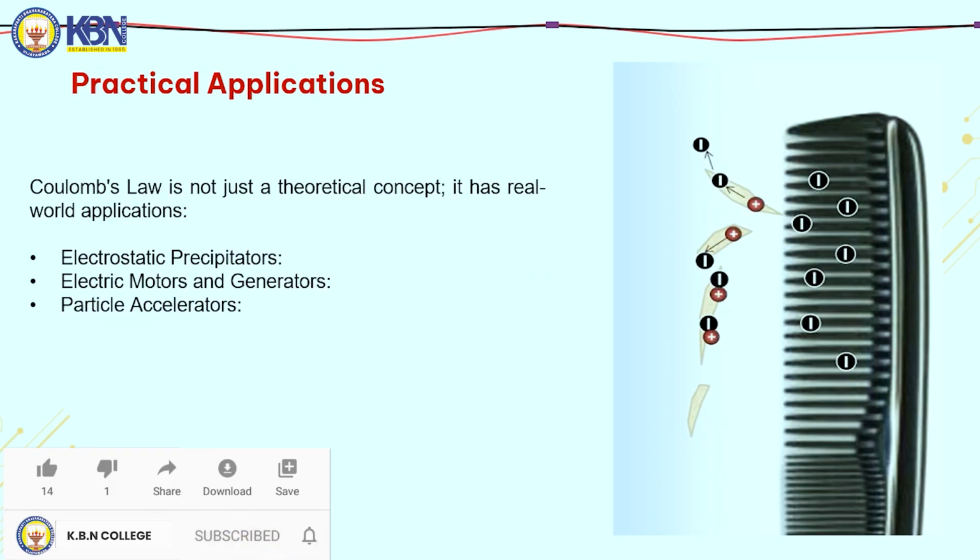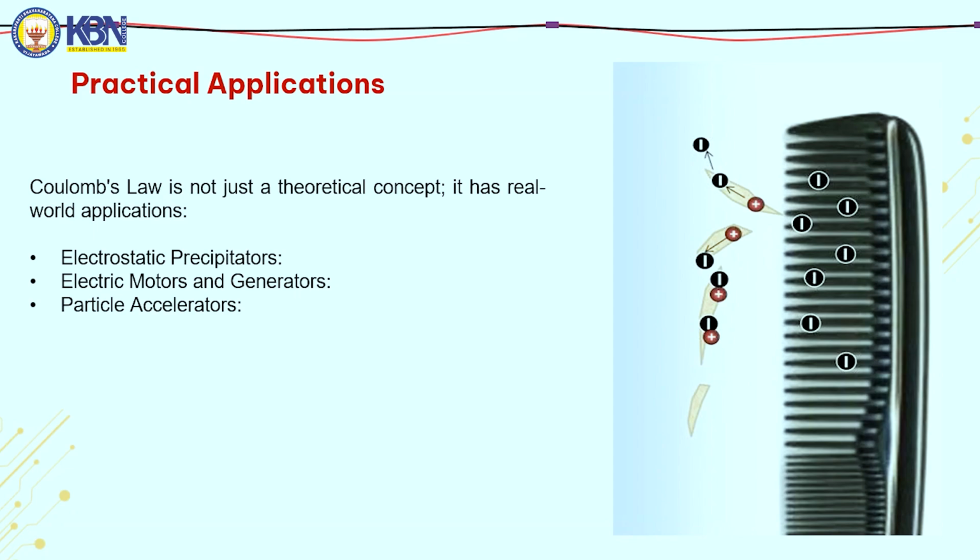Next, coming to the practical applications, Coulomb's law is not just a theoretical concept. It has real world applications in electrostatics, electric motors and generators, and particle accelerators. Electrostatic precipitators are used in industry to remove dust and pollution from air by exploiting electrostatic charges.